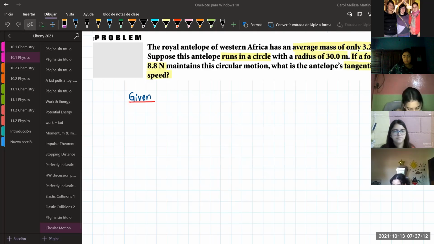So I know the average mass, or I'm just going to write the mass, that is 3.2 kilograms. That's a very light antelope. 3.2 kilograms is around 7 pounds.